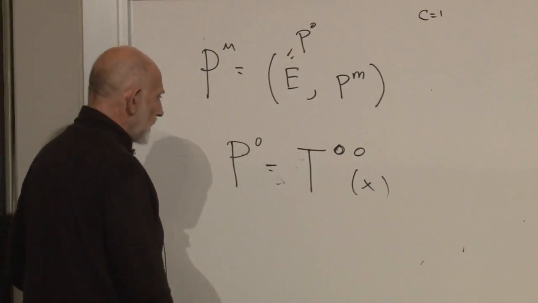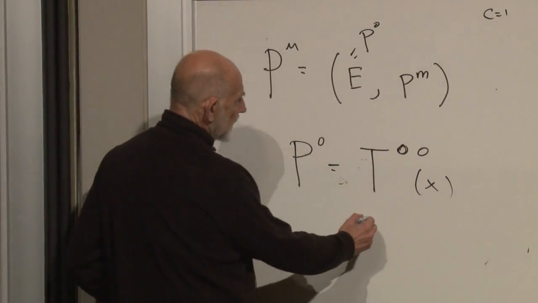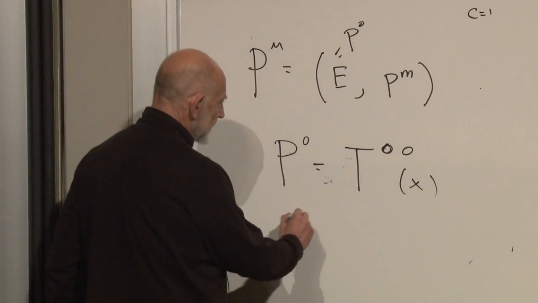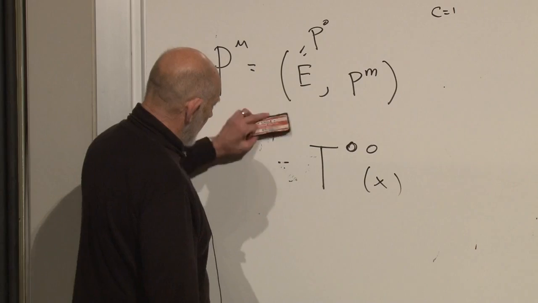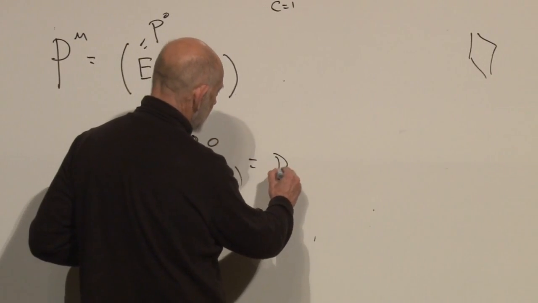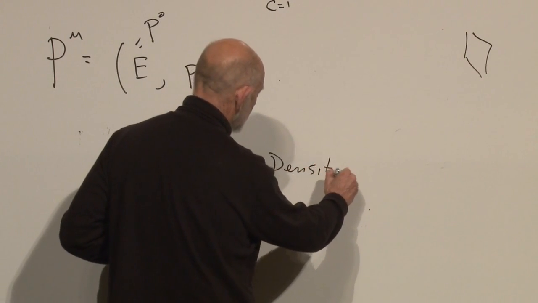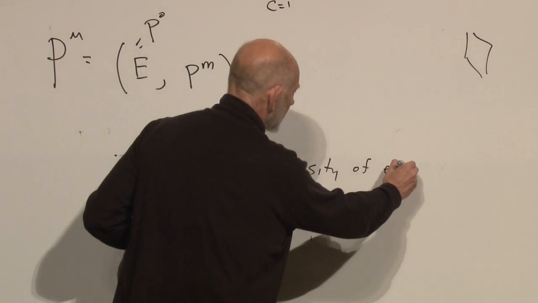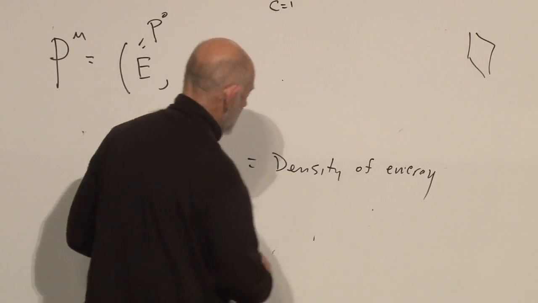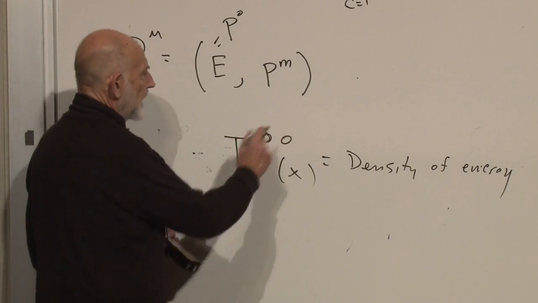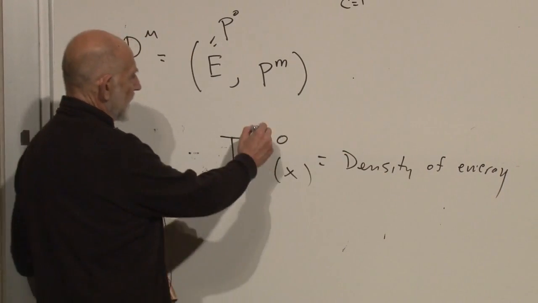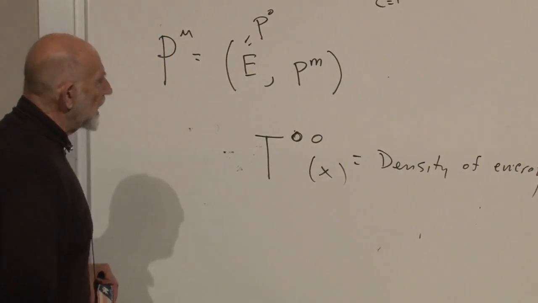We don't call it the current of energy, we call it T naught 1. T naught naught is density of energy. And again, I'll emphasize the fact that it's a density is one of these zeros, and the fact that it's energy is the first entry here.